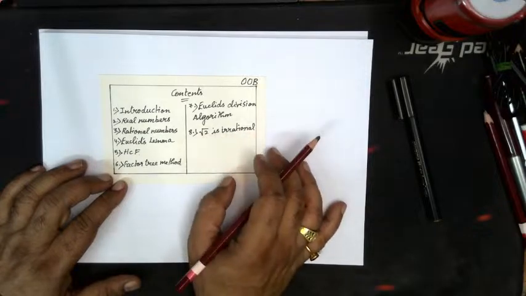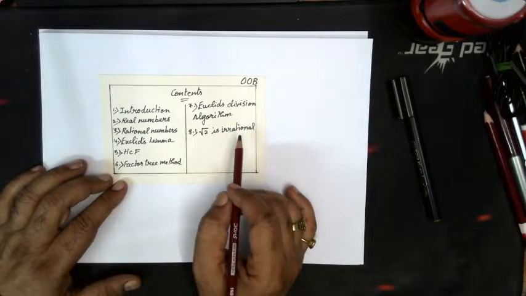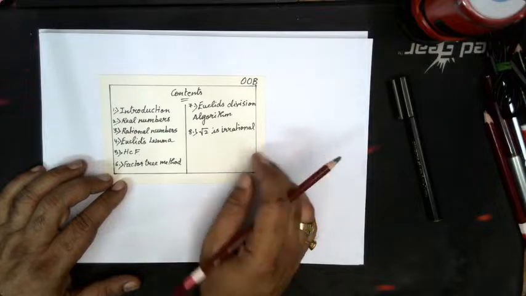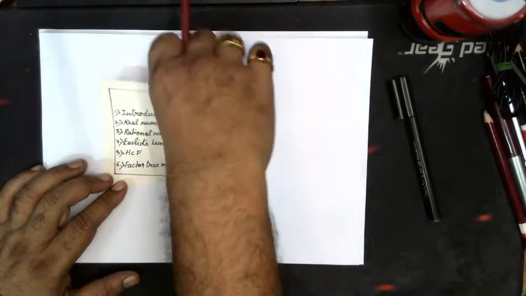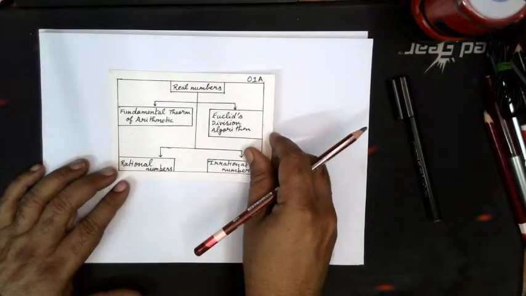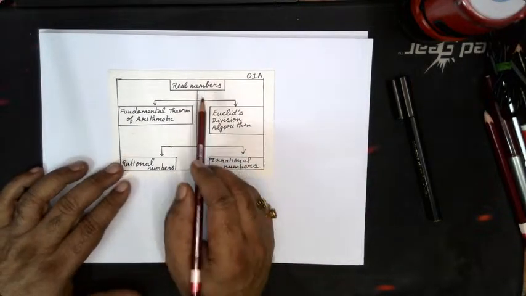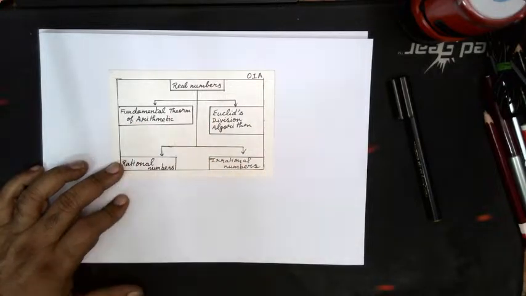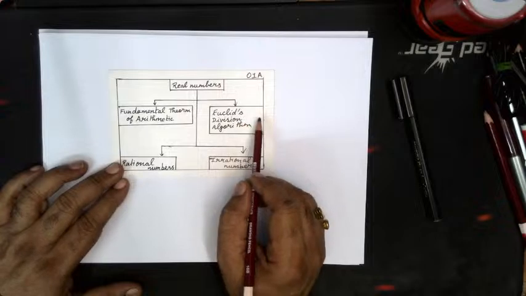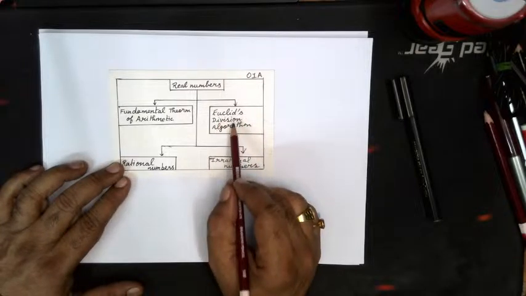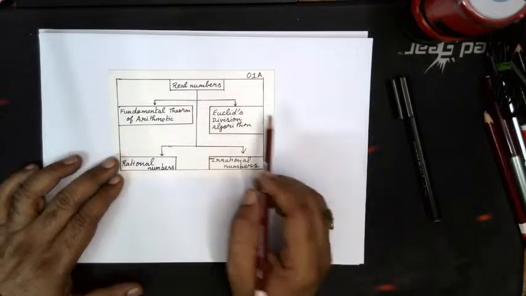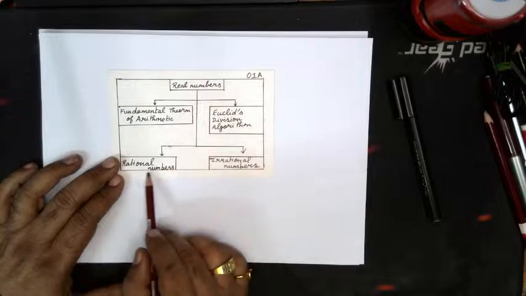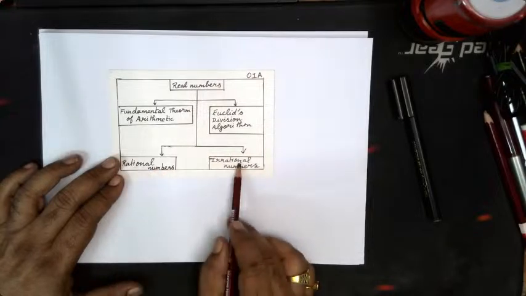Similarly, other surds like root 3, root 5, etc. Under real numbers, we will be discussing the fundamental theorem of arithmetic. Okay. Then Euclid's division algorithm. And the real numbers can be classified as rational numbers and irrational numbers.